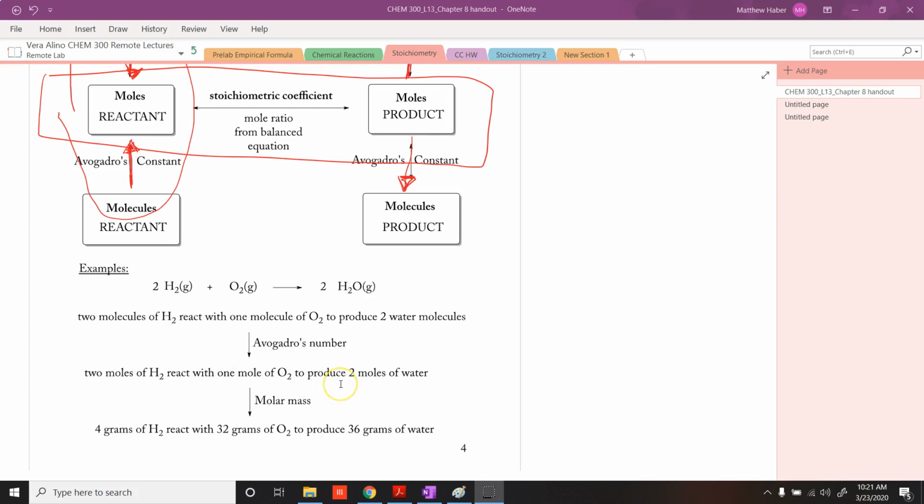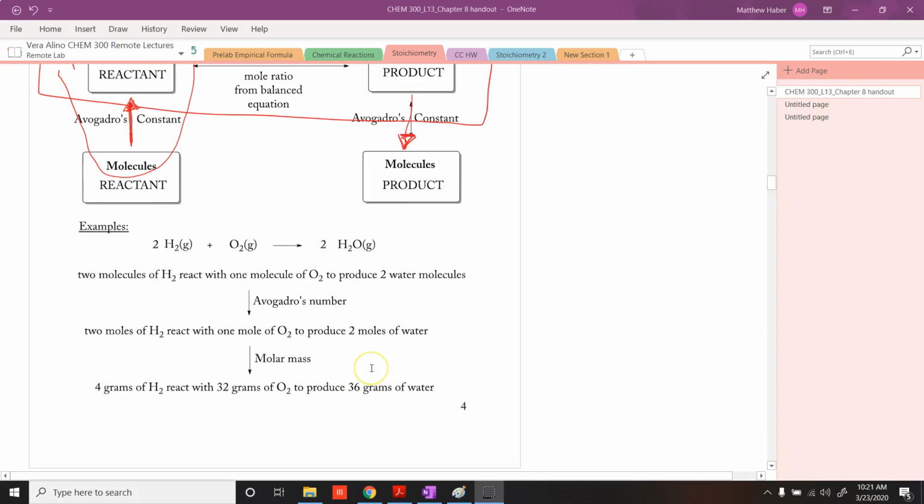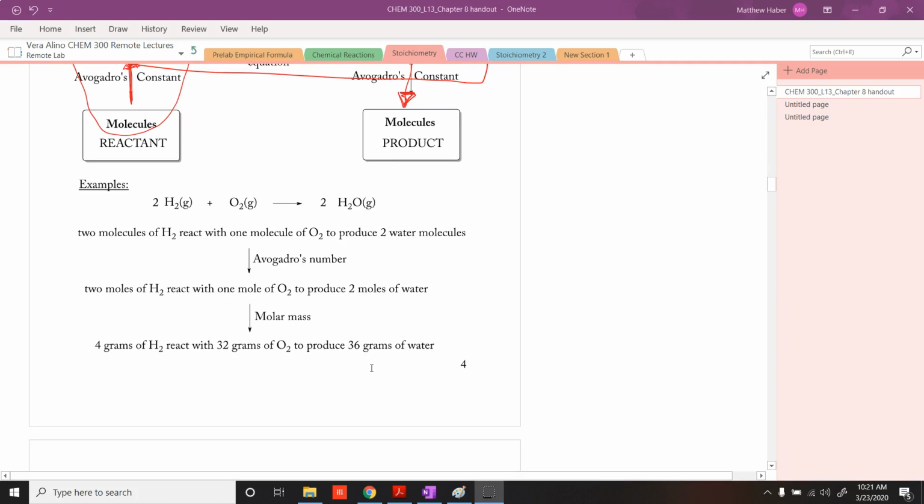You could also look at it in terms of the mass component, or the mass point of view. So know that the molar mass of hydrogen gas is basically 2 grams per mole.